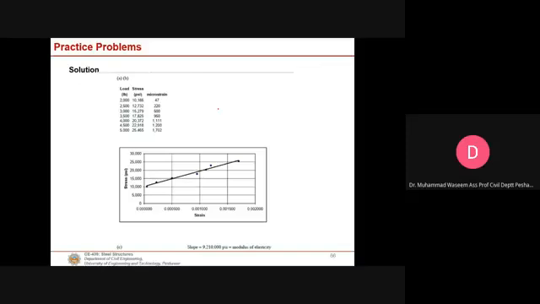So in Microsoft Excel, if you have a plot of data like this, and you don't have a line, what you do is right click on the data with the mouse, and it will give you an option, add trend line.